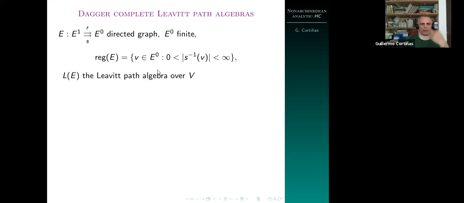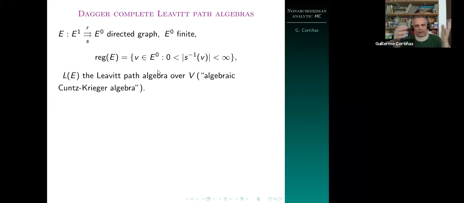And I consider the Leavitt path algebra over V, which, if you're not familiar with it, but have heard of the Cuntz-Krieger algebra of E, well, it's the same, but without the completion, right? So it's a star algebra with generators and relations, generated by the vertices and the edges, without the completion.